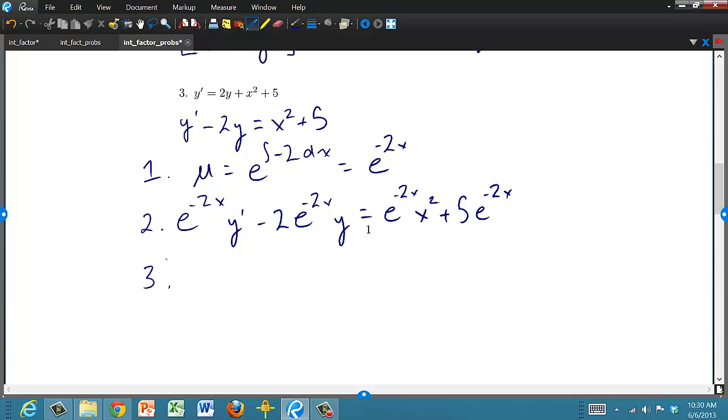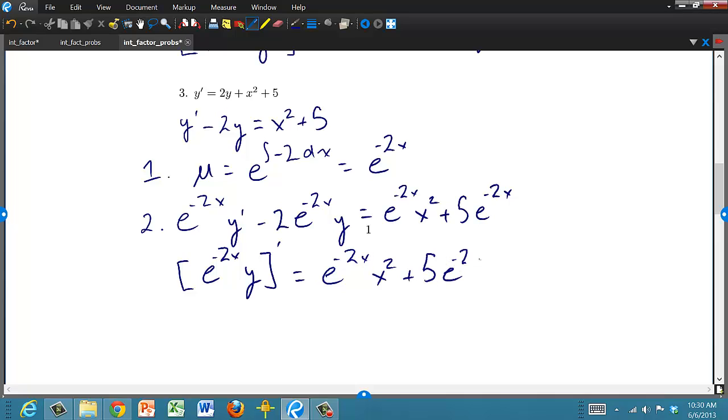Now that left-hand side, if you check, that really is the derivative of e to the minus 2x times y. That should equal e to the minus 2x x squared plus 5 e to the minus 2x.